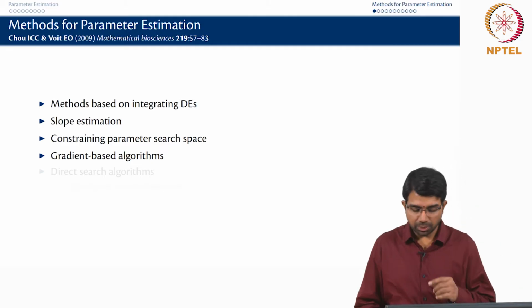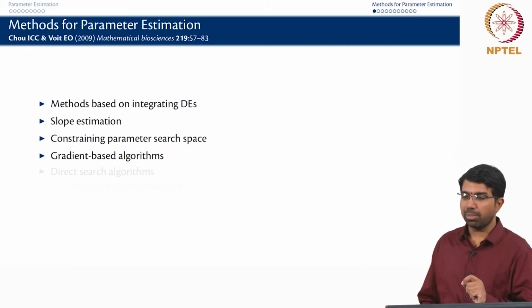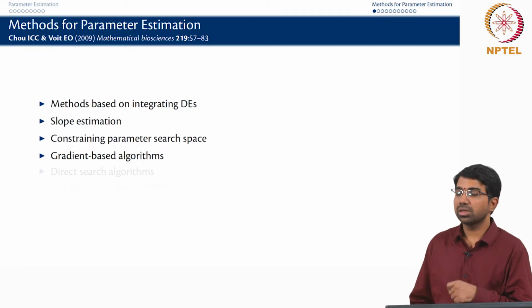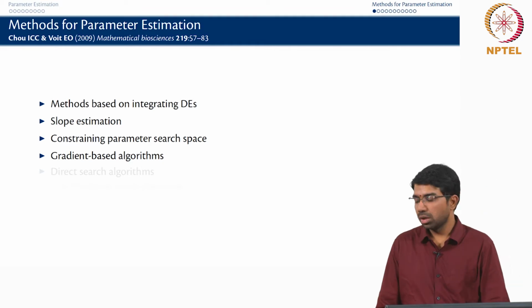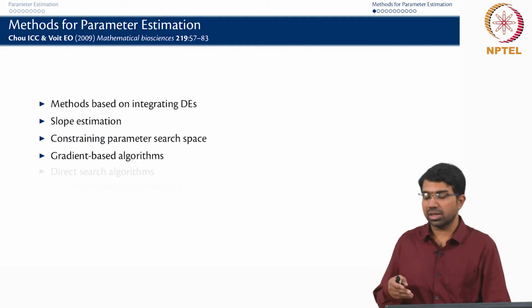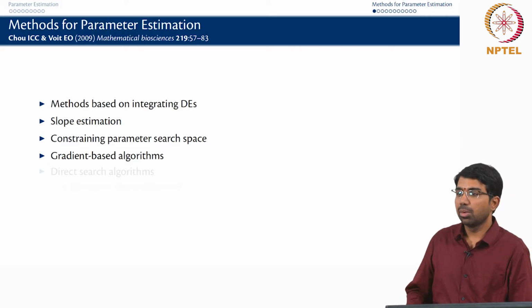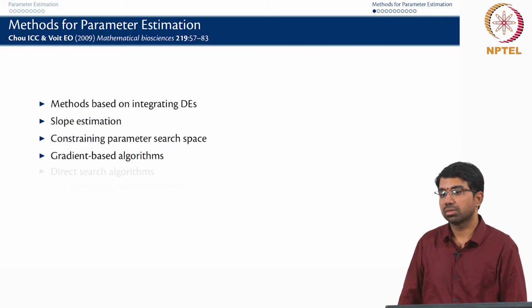So, at this point just step back and think of what we mean by computing the gradient. What is the direction in which there is a maximum change in your function? What is the function? The cost function.